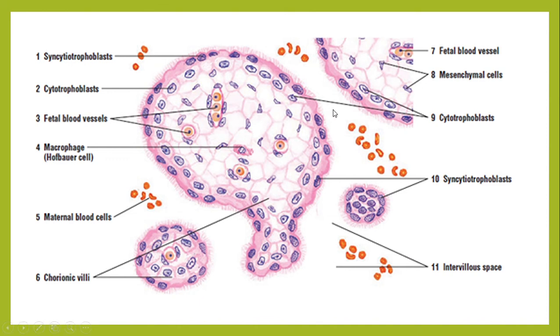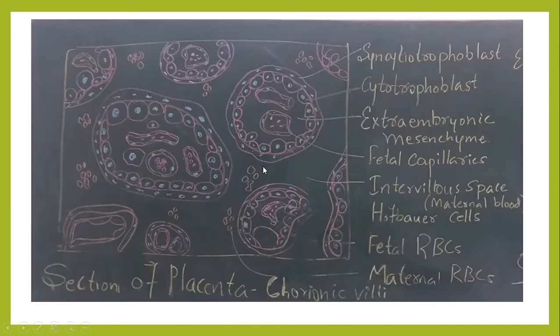Yes, ma'am. Okay, so all these are features I think we have already studied in embryology, so they will be familiar to you, isn't it? So you can easily identify how it appears.